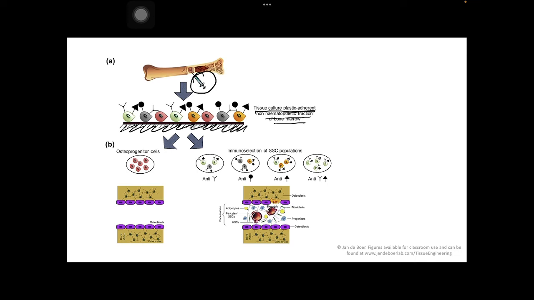But the non-hematopoietic fraction, the fraction that is actually going to be attached to the surface and by default to the extracellular matrix of the bone, is going to have specific cell receptors. And these cell receptors can be used to separate the different cell subpopulations.